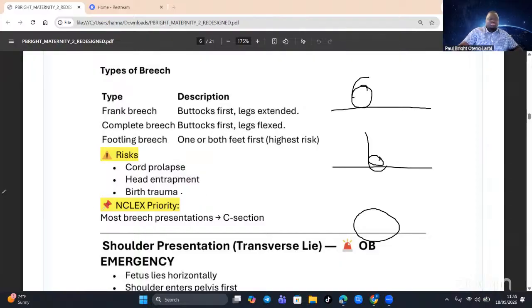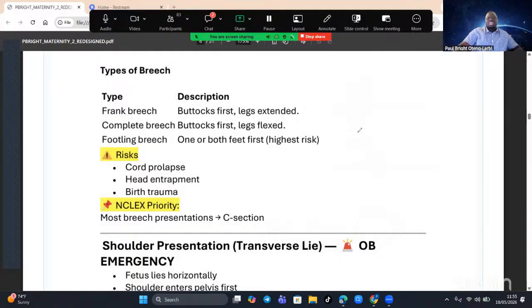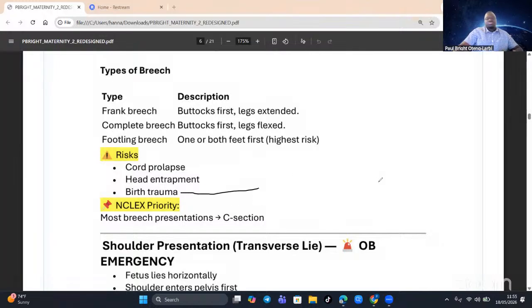And they will come to the hospital when they hit the latent phase or the late part of the active phase. Midwife will try. It can cause a lot of issues for both the mother and what? So to be on the safer side, C-section for breech presentations.